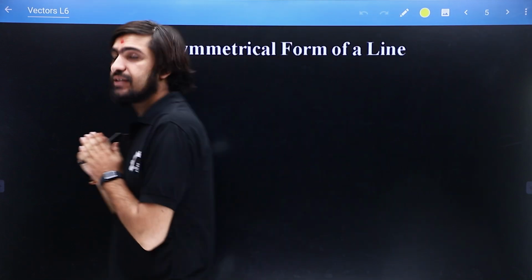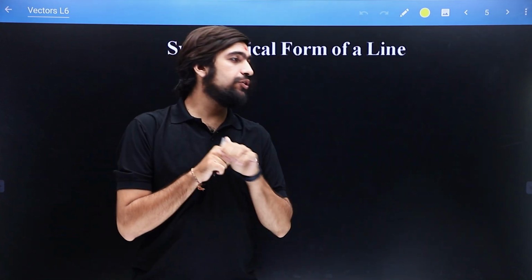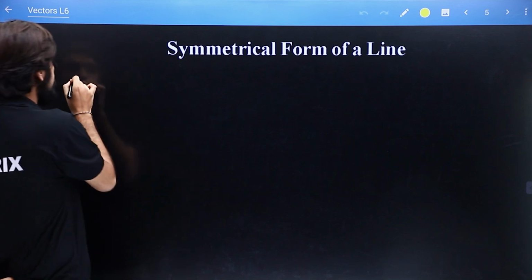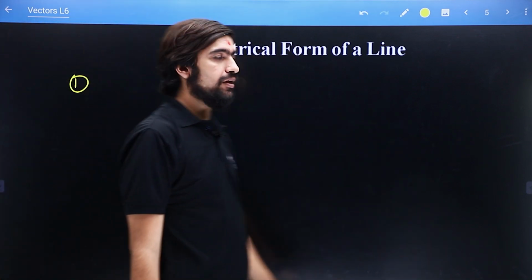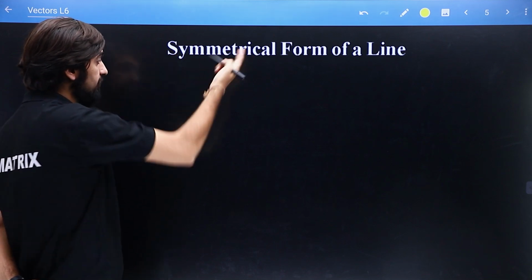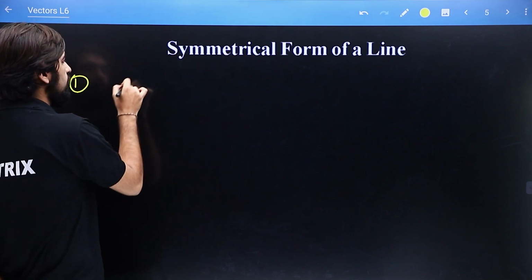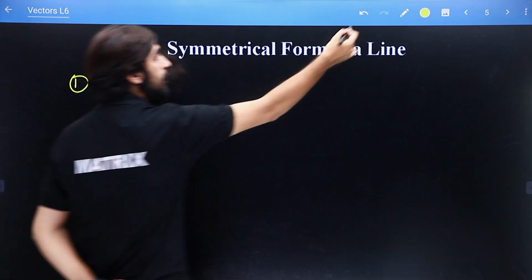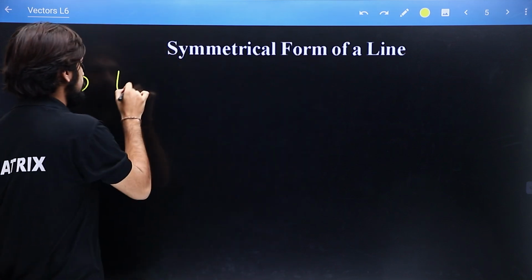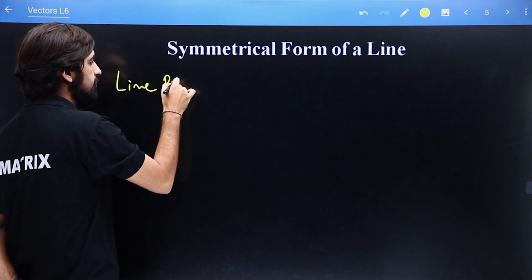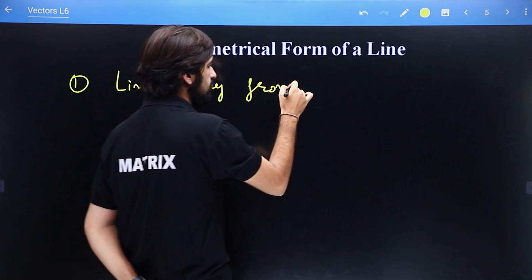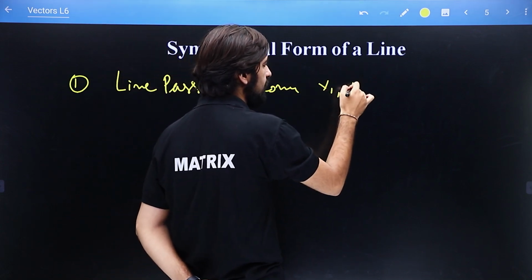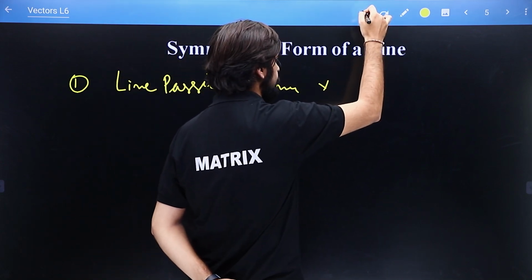Okay. Next, symmetrical form of line. Even though in the previous lecture we have already seen it with the help of the vector equation, we converted it into Cartesian form. But today we are going to see it another way. So first, one point: the line is passing through x1, y1, z1. This point is given.